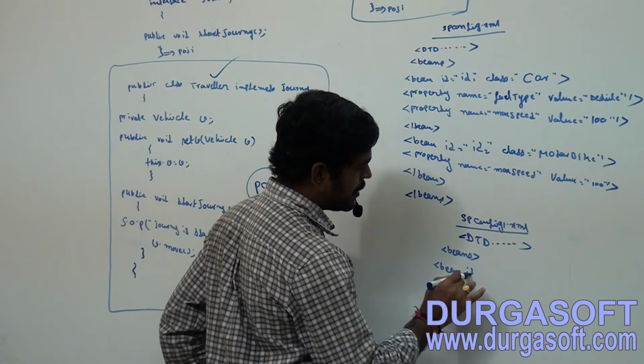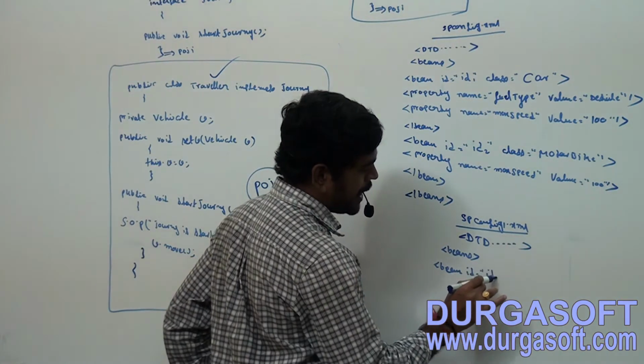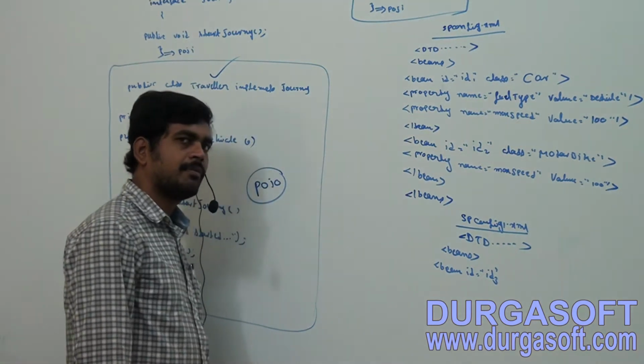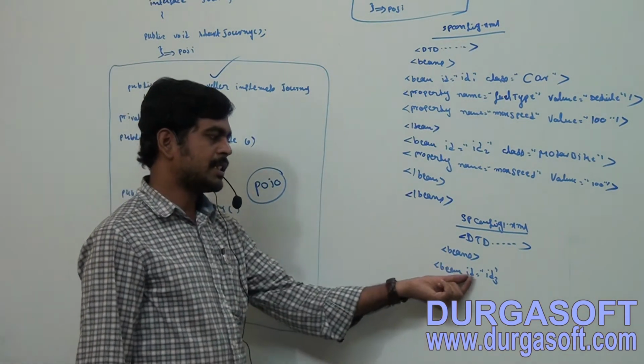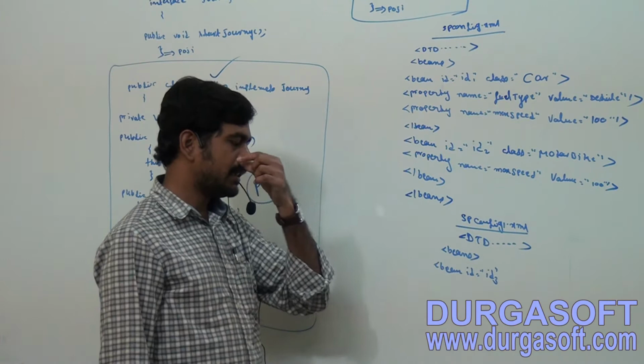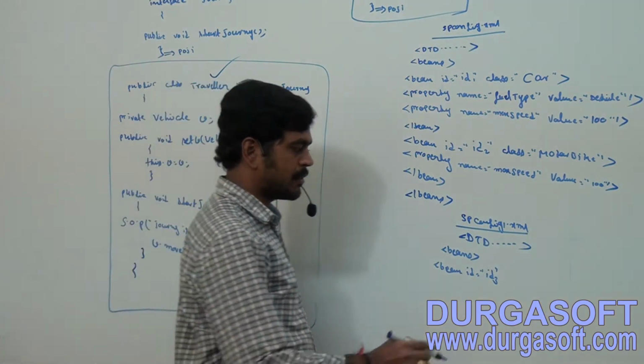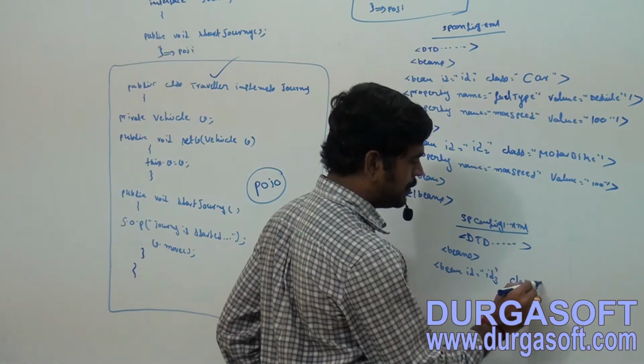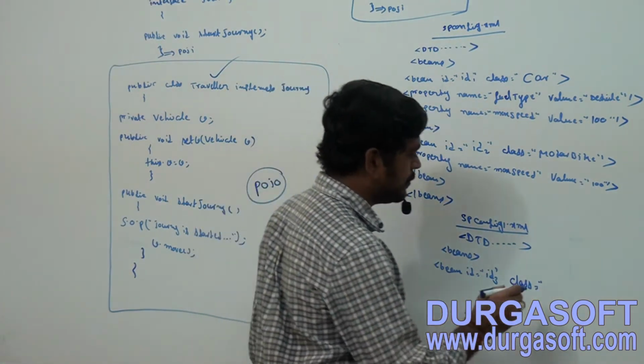Bean ID is equal to, here ID3, Durga, your choice. ID is an attribute, but the ID name is your choice, any name you can take. Class is equal to Traveler.